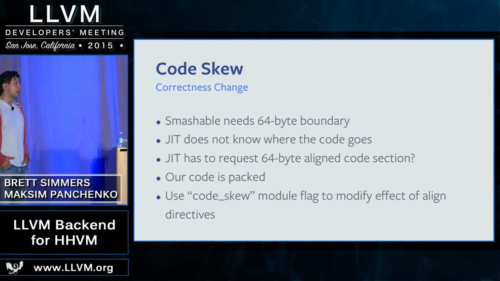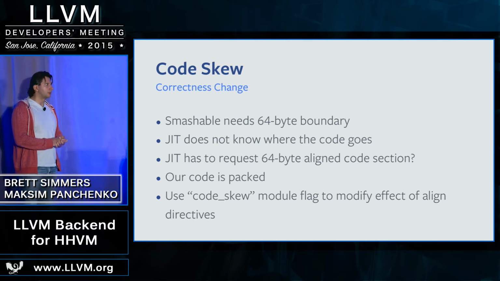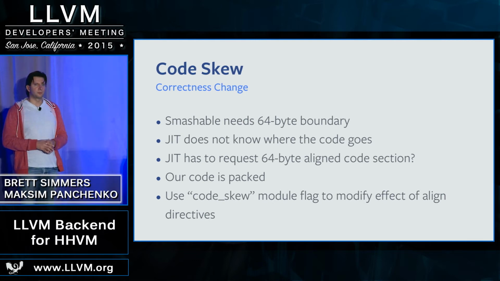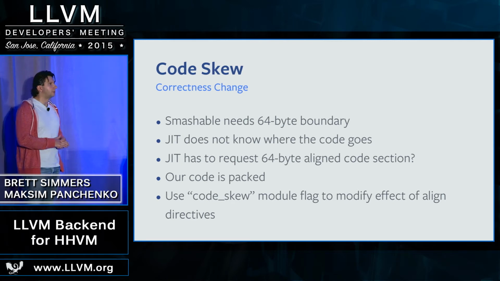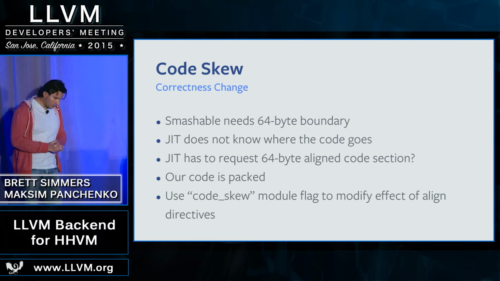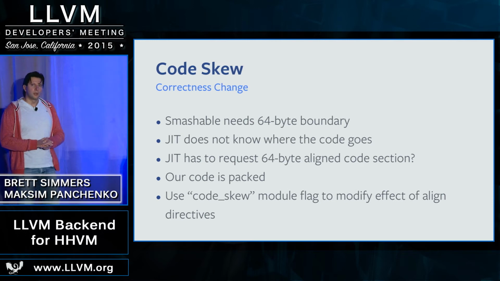Our other backend was packing functions very close together. There was sometimes up to 0 bytes between functions. We don't align at 16 bytes, which is typical for x64, we found that there's no performance difference, and we save a lot of space just by packing functions together. But our 64-byte boundary had to work, and we decided to use a module flag called the code skew.